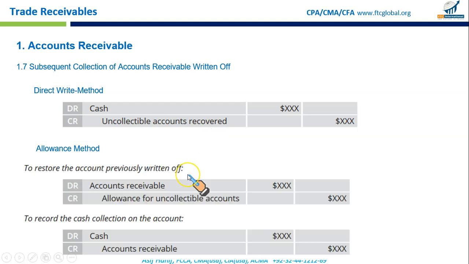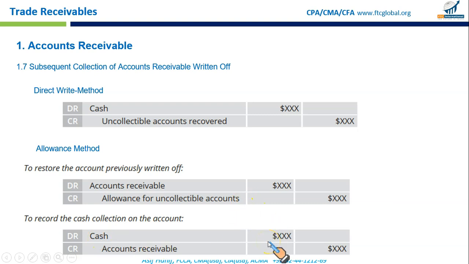But if you use the allowance method, first you will restore your account receivable by debiting account receivable, restoring the account previously written off, and credit allowance for uncollectible accounts. And when the cash is collected, debit cash and close this account again, right? This way, this bad debt which is recovered after it was written off doesn't affect your income statement. Account receivable debit, allowance credit, cash debit, account receivable credit, it does not affect your income statement anyway.